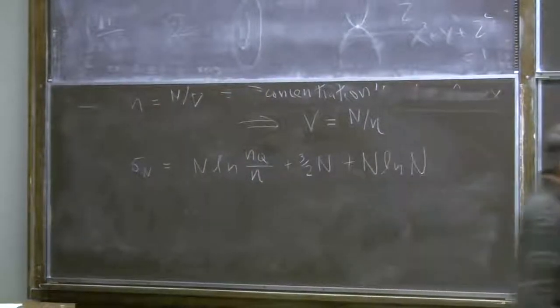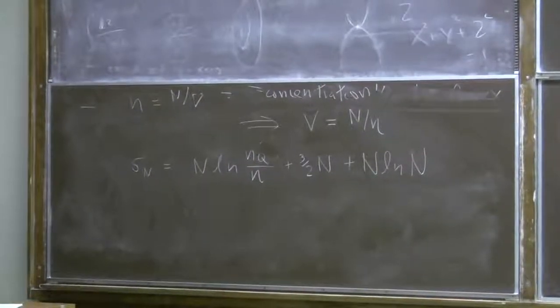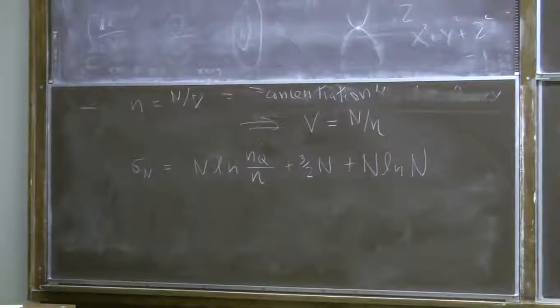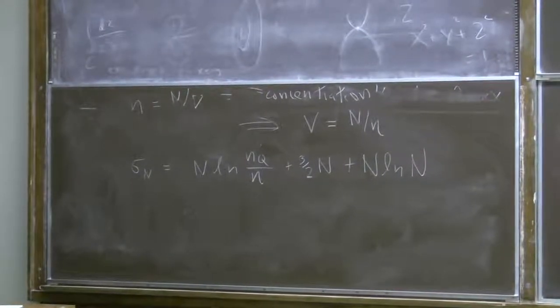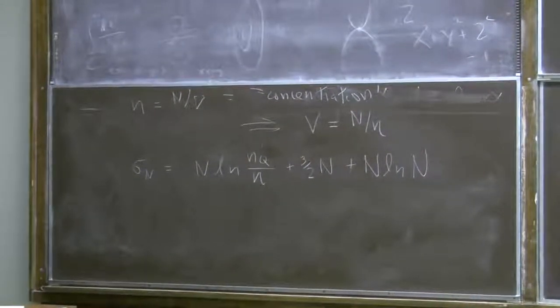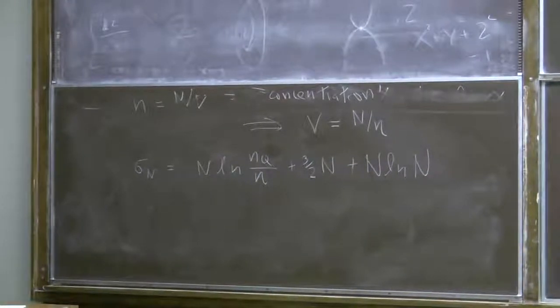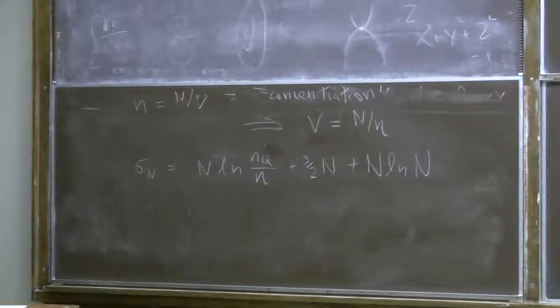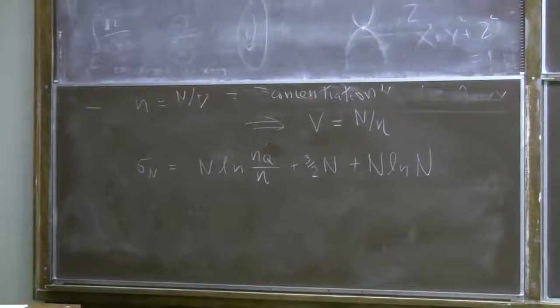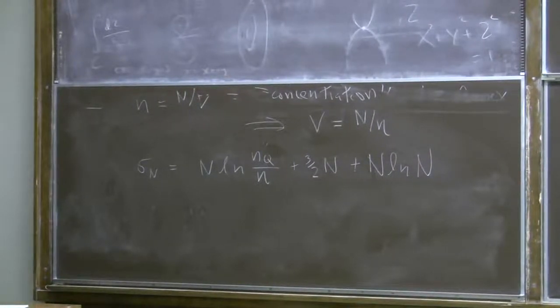Yeah, the N log N came because I replaced the volume by N divided by concentration, since concentration is the number of particles per volume. And then I wrote this as the sum of two logs, the log of nQ over little n plus log N, multiplying an N in front.